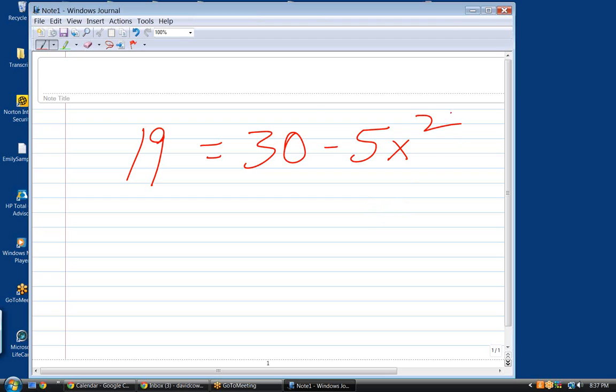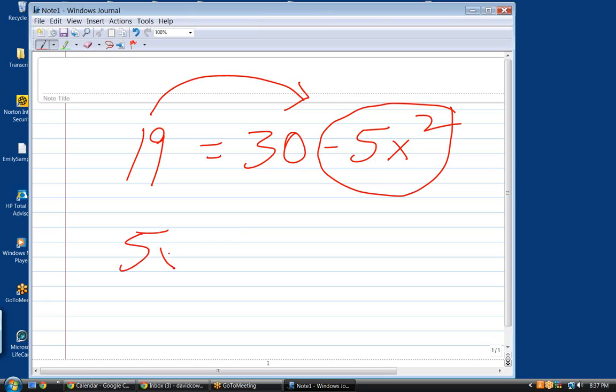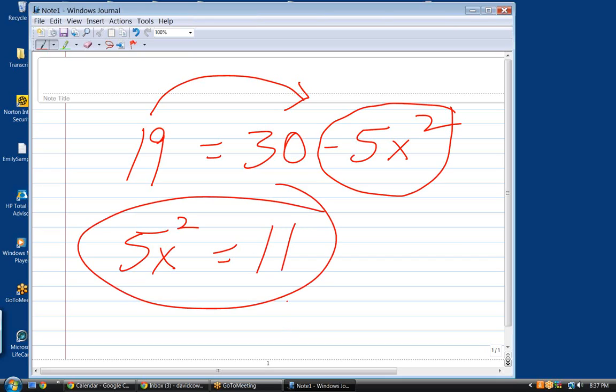I would be more inclined to move this to the left side and to move this to the right side, because that would leave everything positive. Notice that if we did that, I would have 5x squared over there, and I would have 30 minus 19, or 11, there. Now I've got nothing but positive numbers.